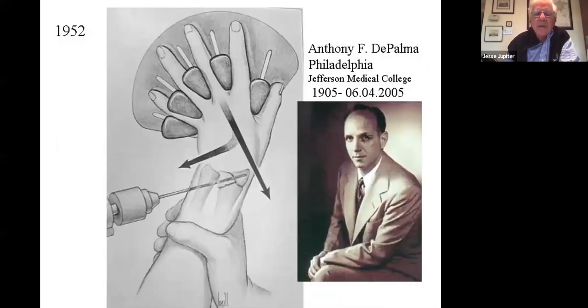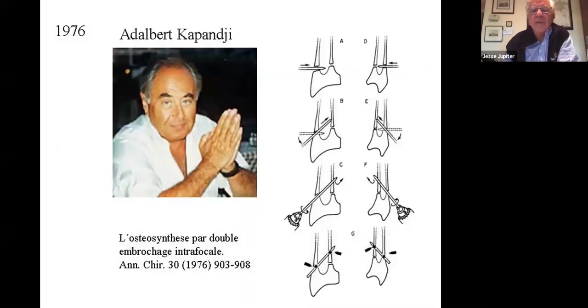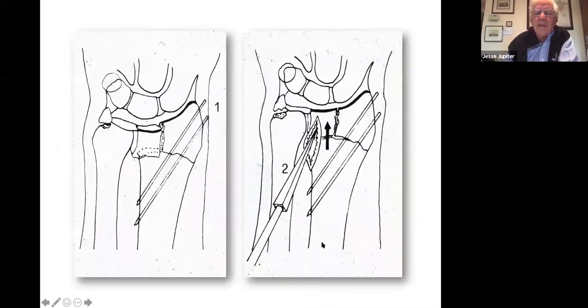This was started a long time ago in Europe and then in the US with a variety of methods. The Kapandji technique described a way of using your K-wires to help reduce the fracture and then pin across it. It didn't work as well in osteoporotic patients.